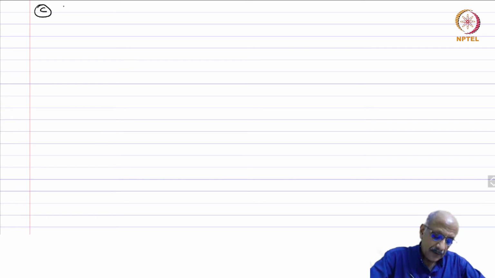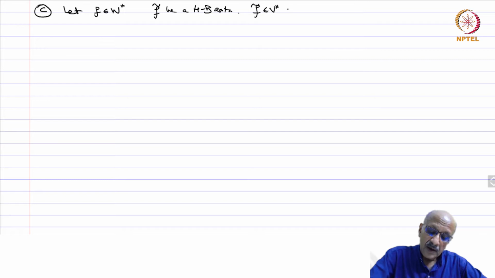So let f belong to W star, and then let f tilde be a Hahn-Banach extension. What is that? f tilde is in V star, f tilde restricted to W equals f, and norm of f tilde equals norm f.